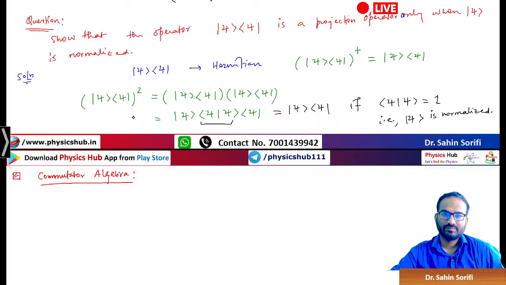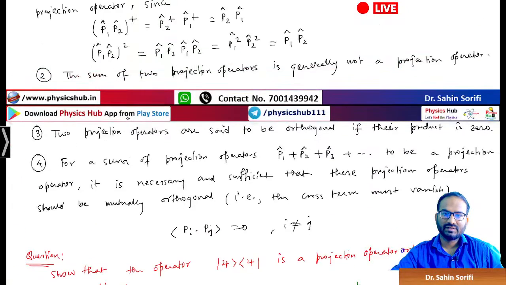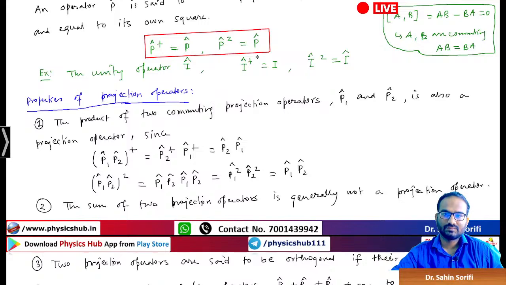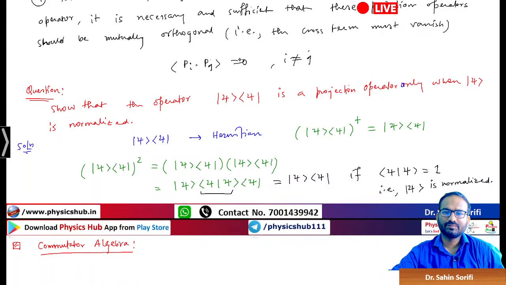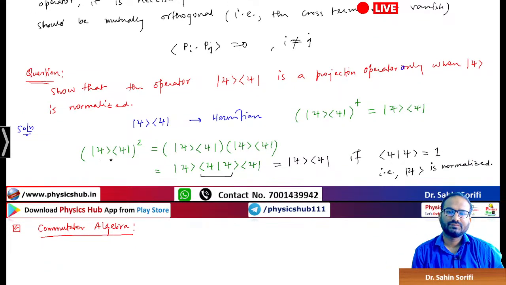You know the second property: the square of the operator should equal that operator to be eligible for becoming a projection operator. So for the square of it, we have written it twice. This remains as it is. Now we are just combining. This ket psi is coming with this bra psi and this. If you look at this, this is the normalization condition, the norm of psi. If this norm of psi is 1, then what is left?